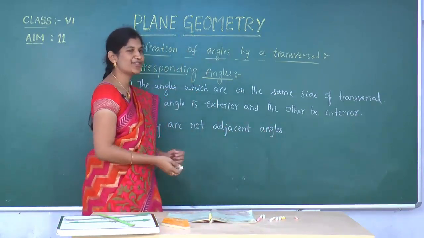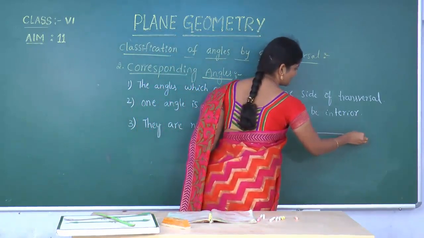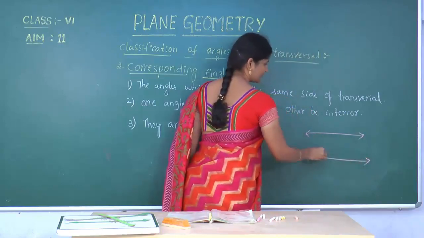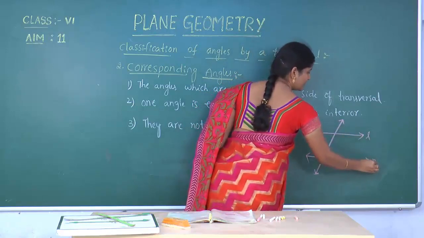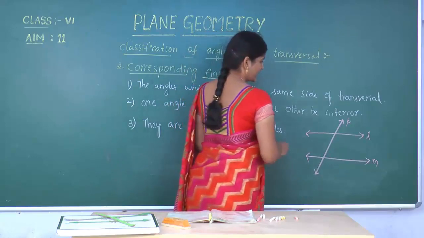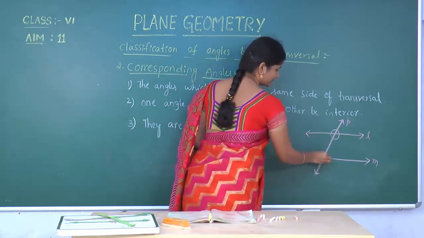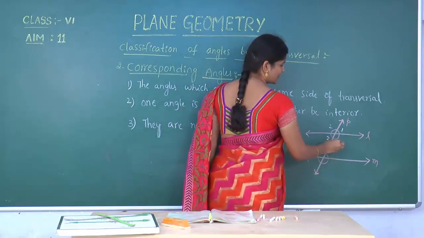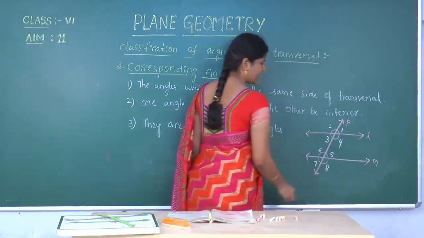Then let me show you this one diagrammatically. Now here I am going to take L, M are the two lines and here P is the transversal, and let me point out the angles 1, 2, 3, 4, 5, 6, 7 and 8.